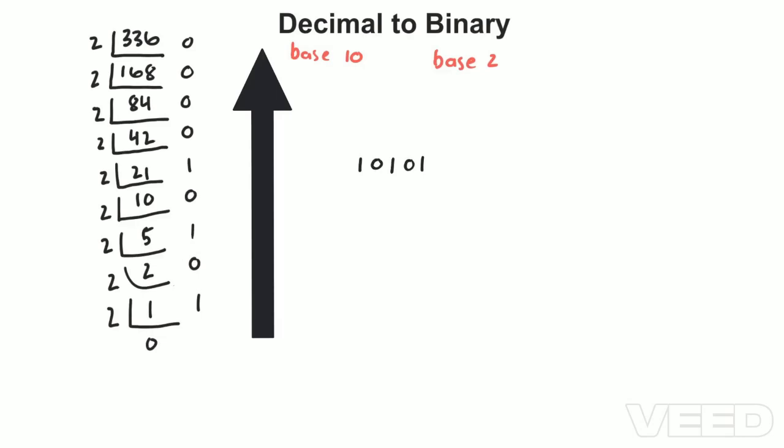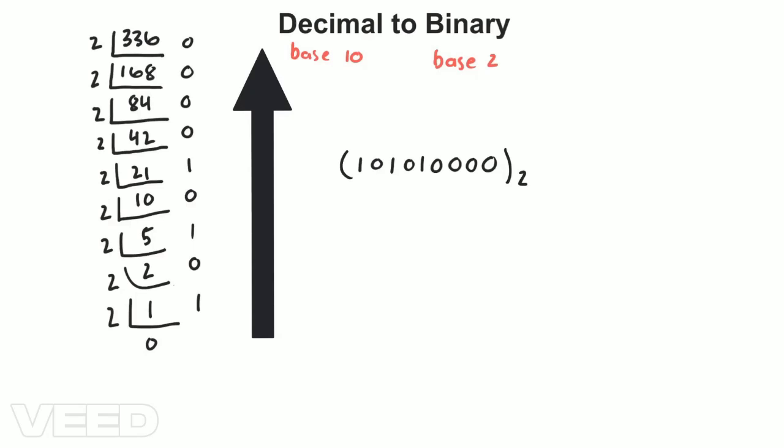And I just got that from right here, 1, 0, 1, 0, 1. And 0, 0, 0, 0. So this number right here is actually my binary number. And I'm going to write it in parentheses and put a little 2 here.